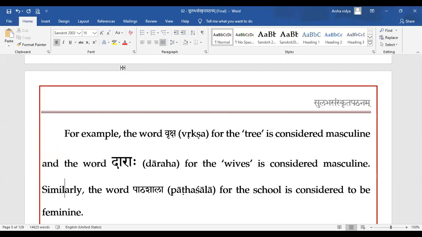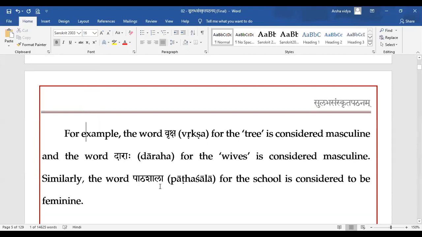Similarly, the word patashala. What does patashala mean? School. Patashala is what gender? It's a feminine gender word. Patashala means school, and the Shabda is feminine.